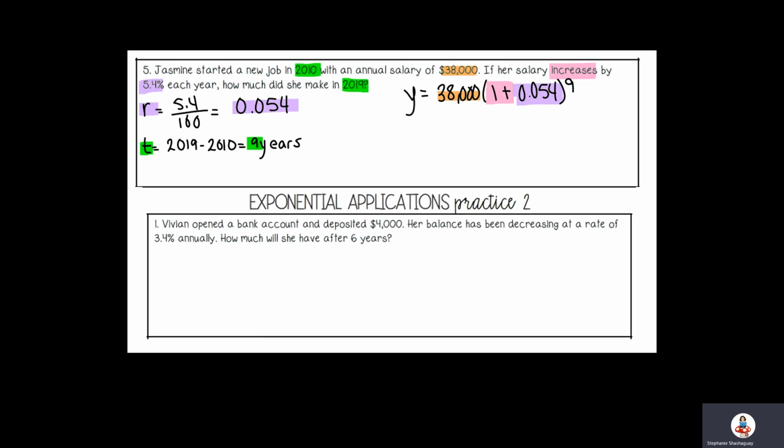So 1.054 raised to the 9th power is going to be 1.61.